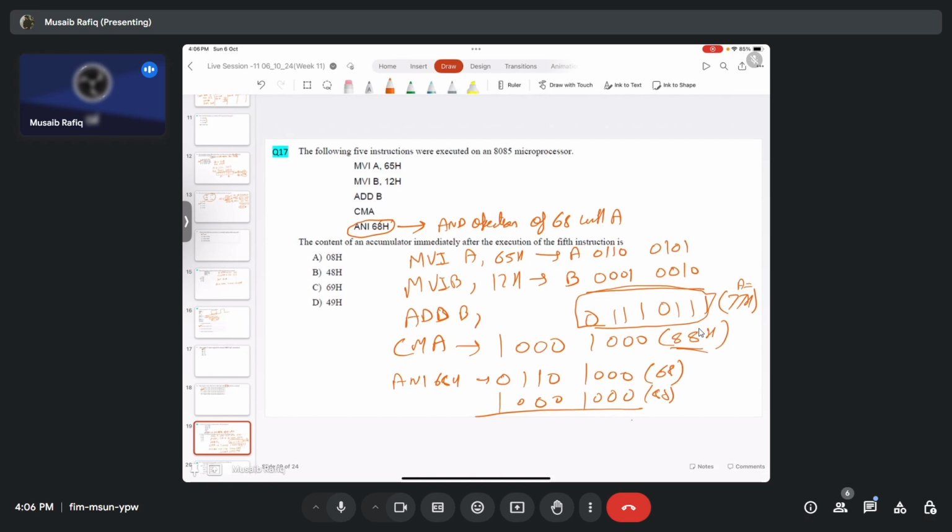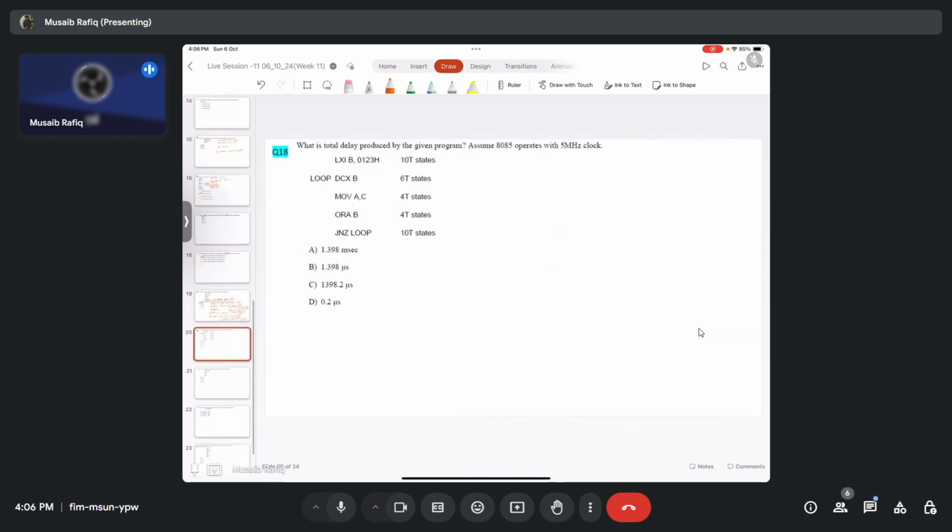So its AND operation will be 0000 1000. So am I missing something? No, it's correct. So it will be 08 hex. That is option A, as rightly pointed out by you guys.